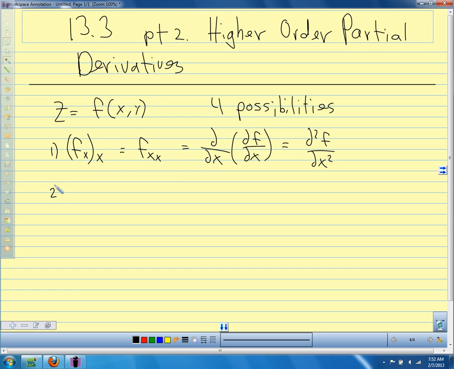Our second possibility is what we call a mixed partial. We're going to take the partial with respect to x, and then the partial with respect to y. We write that f xy. This is d dy of the partial with respect to x. And we write that as d squared f dy dx.